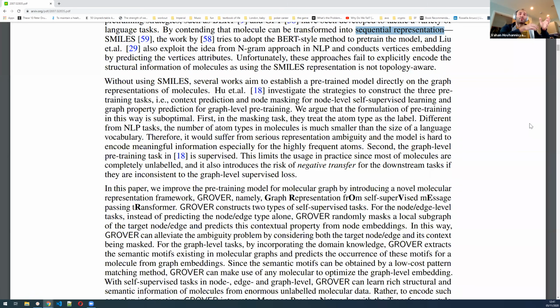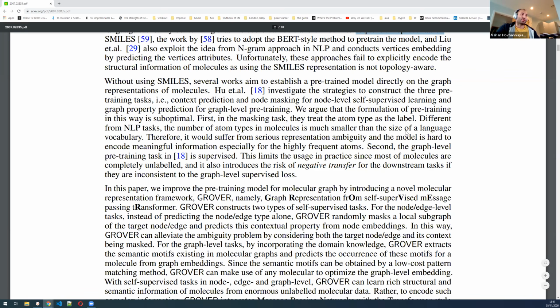Then to also pre-train for graph level problems, they would need to label graphs, right? That's the main limiting part here, because labeling molecules is as difficult as the original problem in the first place, so it's not very practical. In this paper, the authors argue that the methods in Hu et al. are suboptimal, and they tackle these issues by proposing new pre-training objectives.